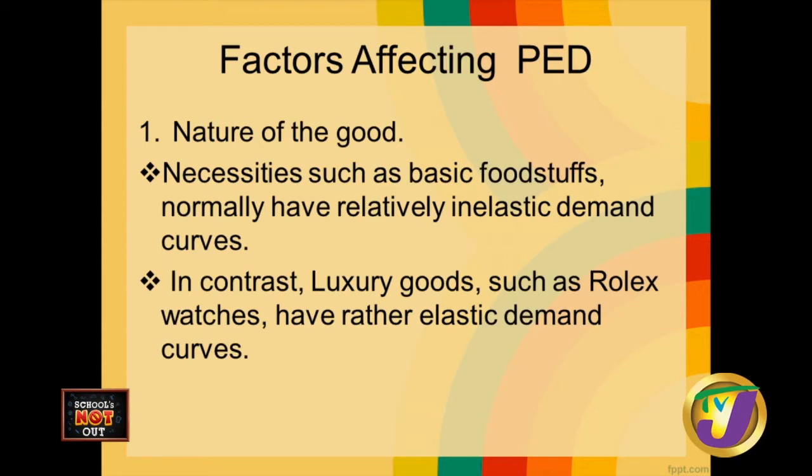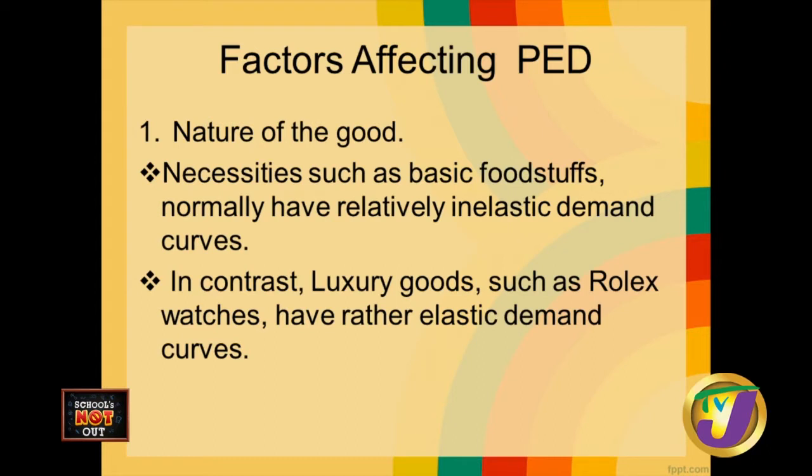As I said to you before, these are items that we need for our day-to-day existence. So our water, our light, our food, all of these things will have an inelastic demand curve. They are not responsive or not very sensitive to changes in price.